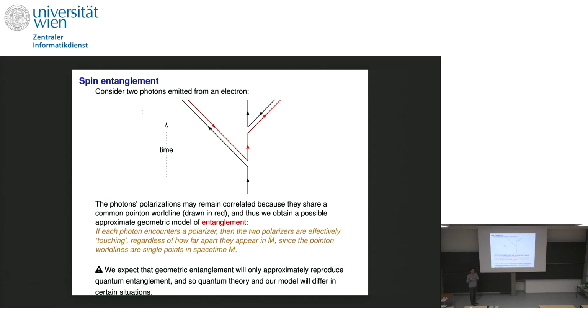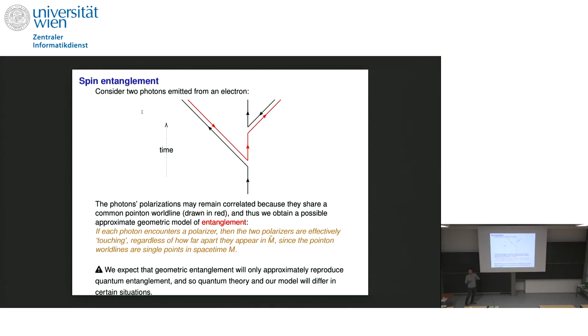This is, of course, very different from non-separability with tensor products. But we have a geometric picture of entanglement, and in things like entanglement swapping and different scenarios, you can do a similar model and it all works out the same.